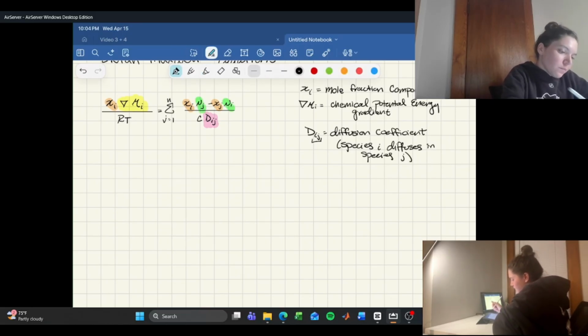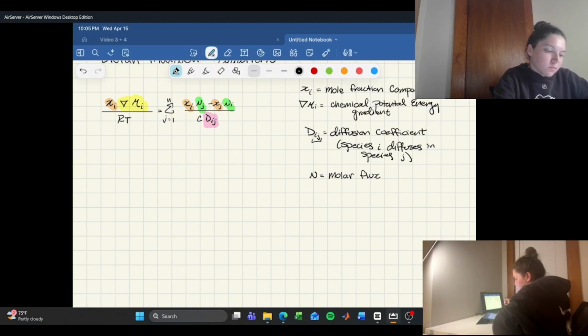And then we have these Ns. So this is going to be molar flux, and this is of component J and component I. We also have C, which is the concentration.